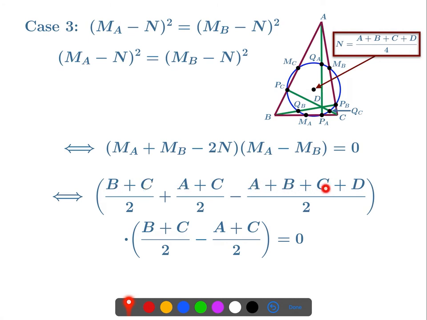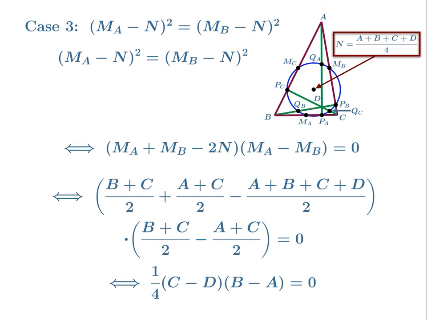And then b plus c plus a, well, when I subtract a plus b plus c, those are going to go away. I still have another c here and a d here. So I'm going to have c minus d. So I'm going to have 1/2 from here and a c minus d from there. And here I have the other half. And I'm going to have then b plus c minus a minus c. So the c's go away, and I just have b minus a.